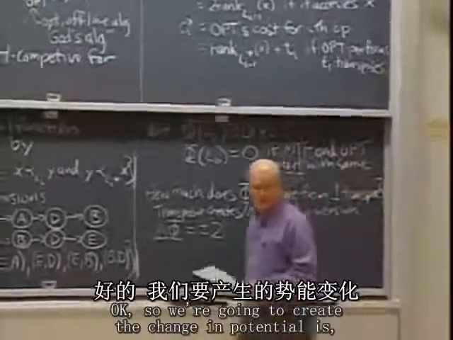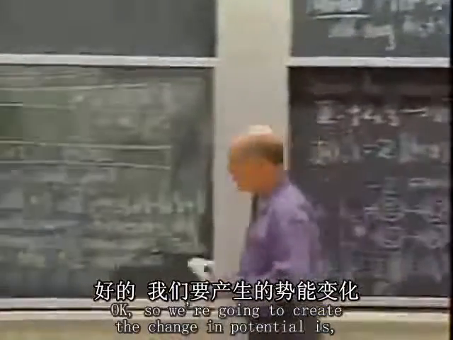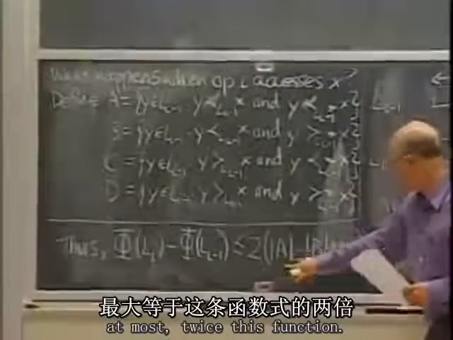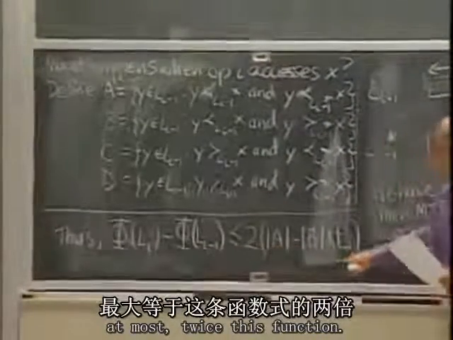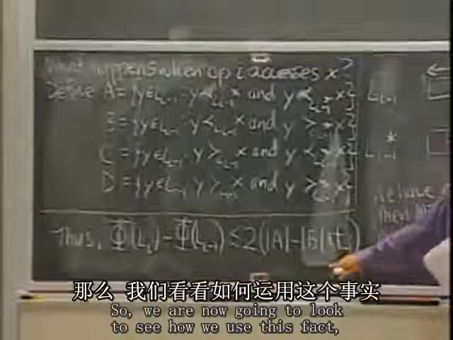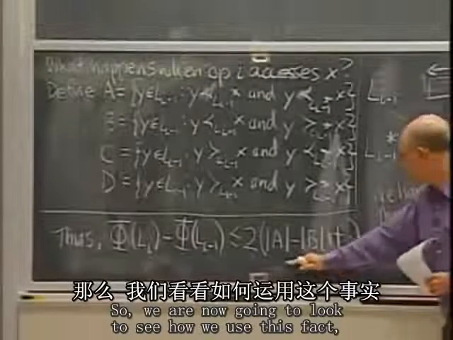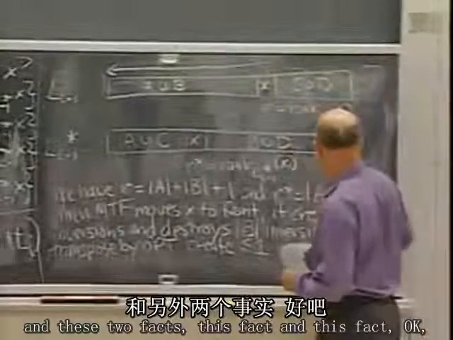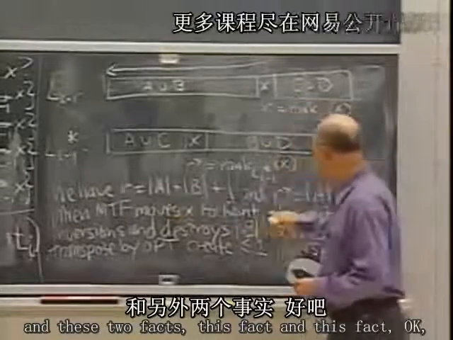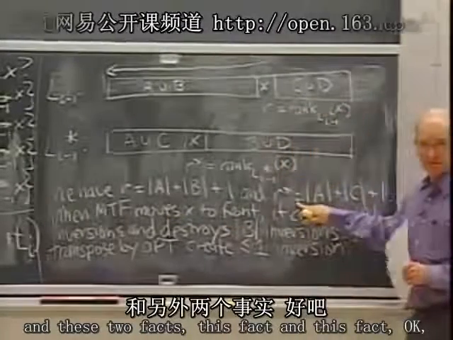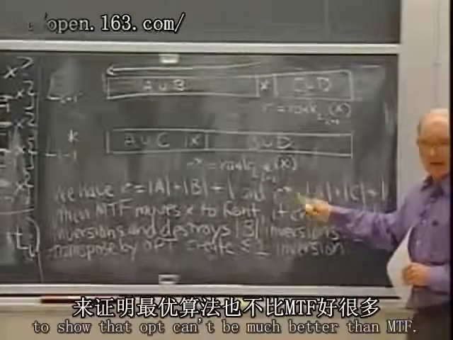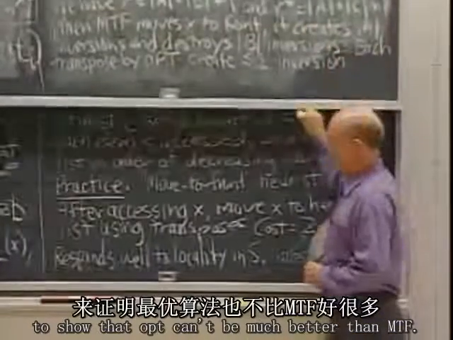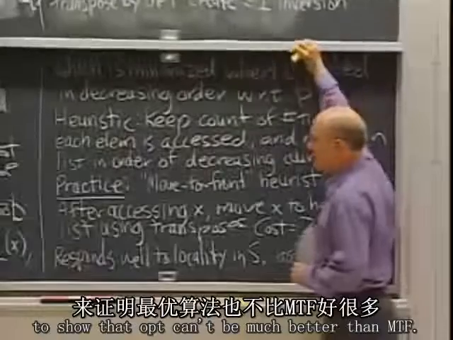So the change in potential is at most twice this function. We're now going to look at how we use these two facts to show that OPT can't be much better than MTF.